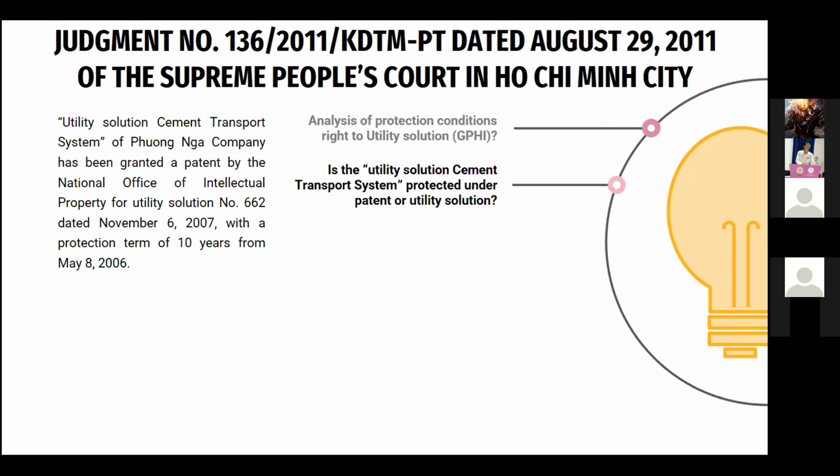The utility solution is protected under a patent, the utility solution patent. It is granted by the National Office of Intellectual Property, with a protection term of 10 years from May 8, 2006.